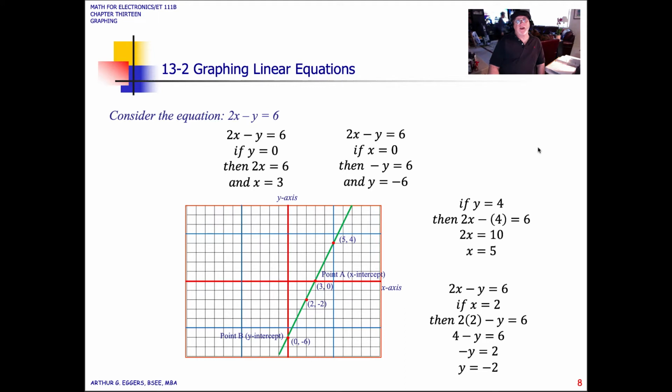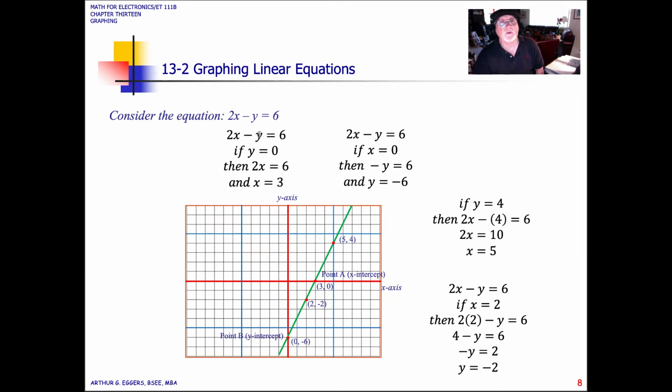So if we take a look at an example here, the equation 2x minus y equals 6, let's take a look at inserting some values and seeing how we can plot the coordinates on a graph or a chart. With that equation, let's choose a value: we're going to let y equal 0 in this case and solve the equation.